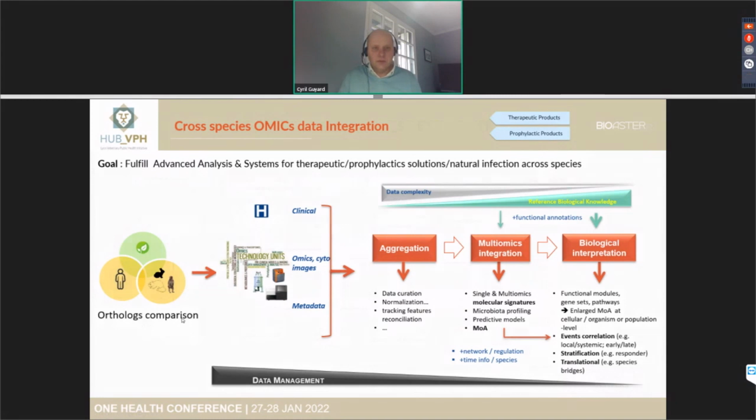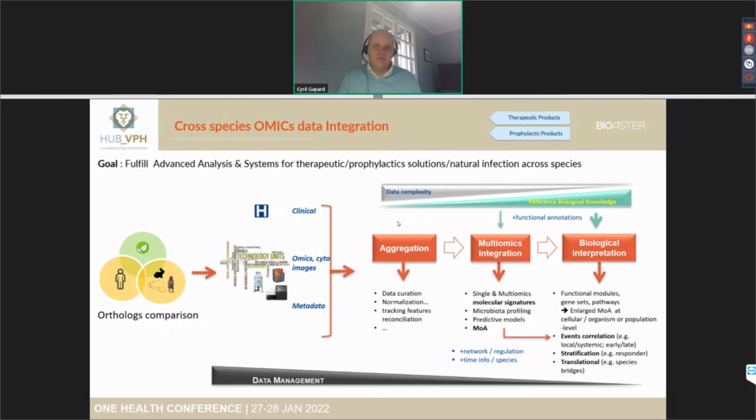It comes with an obviously strong and difficult challenge of comparing the reactions to a molecule or a serum or prophylactic solutions across species. So we are performing a large amount of work on ortholog comparisons. Once those ortholog comparisons are performed, you can then integrate clinical and preclinical data with omics and metadata.